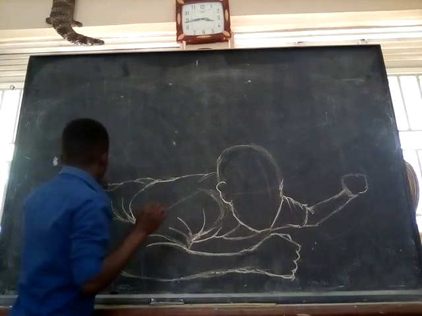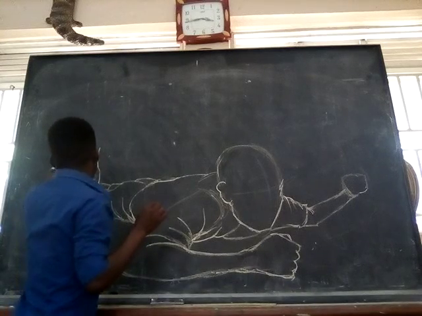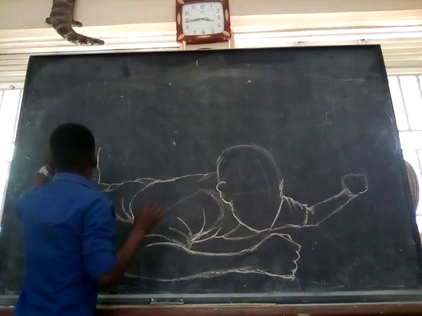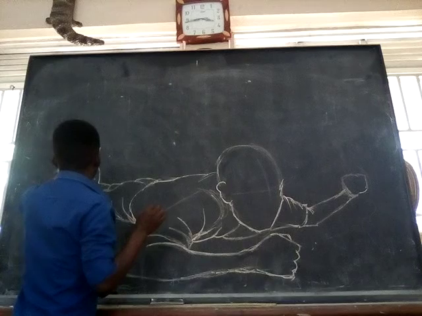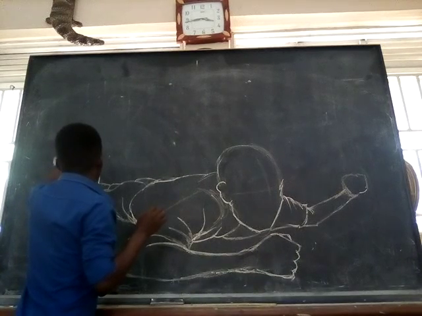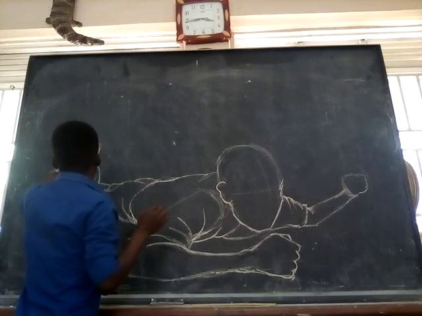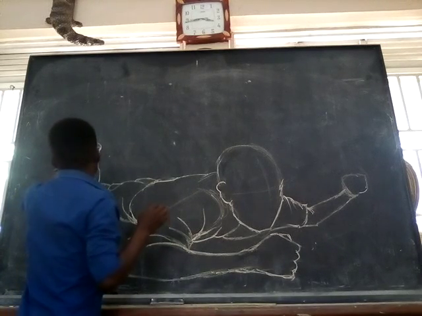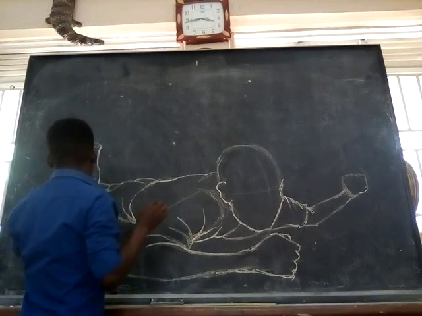So, I add another leg. That is imaginative drawing. So this time around, I don't have clear features, but when you look at this, I'm simply using shapes to give you the different parts of the human figure.